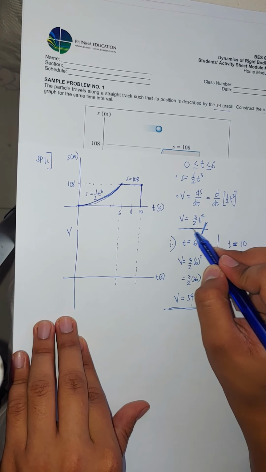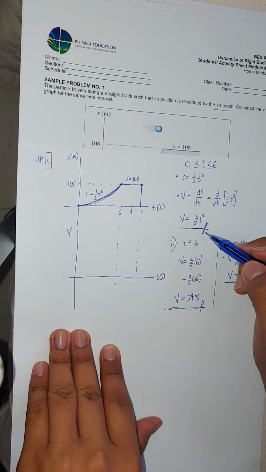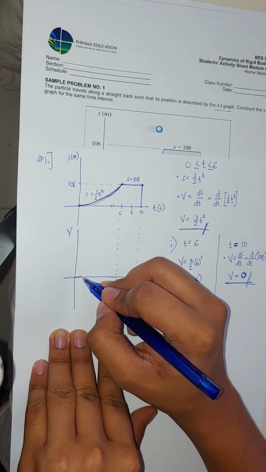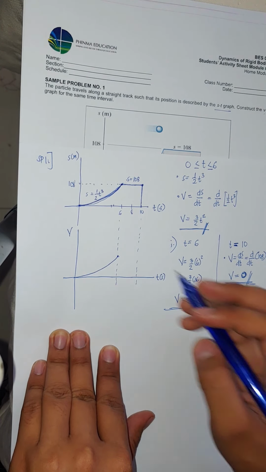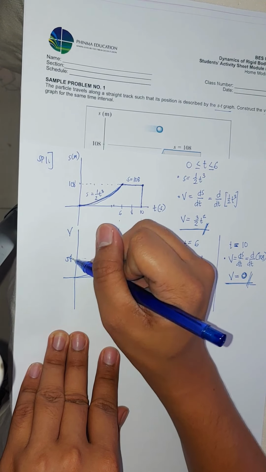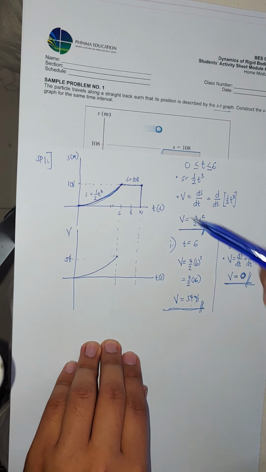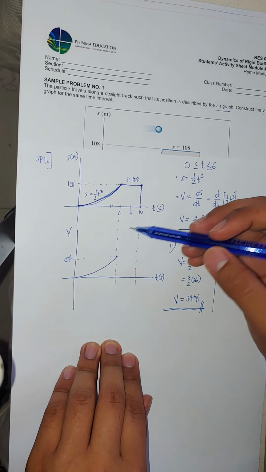You can see the velocity equation is squared. This is a second degree curve. So how do we graph this? And then 54, so this is 54 meters per second. And then this one, the velocity is 0. So what is the graph?